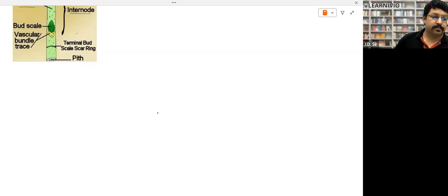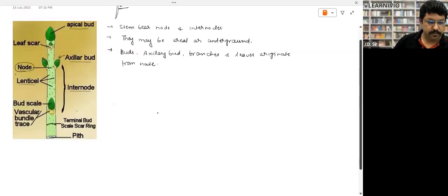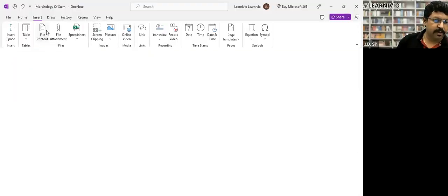So first, modification of stem. There are a number of things which you need to understand and you need to cram both simultaneously. So I will show you the aerial modification part first.